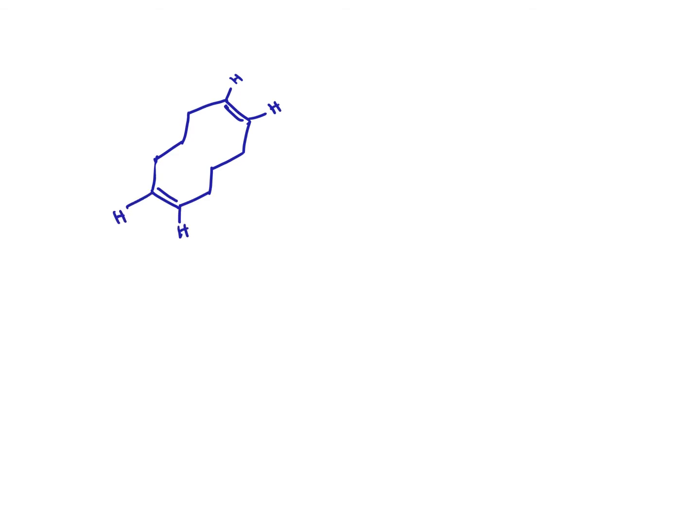Okay, looks like some kind of bug or whatever. Anyway, so you see, we have 1, 2, 3, 4, 5, 6, 7, 8, 9, 10 carbons. And we have a ring structure. Do you remember what we would call this?